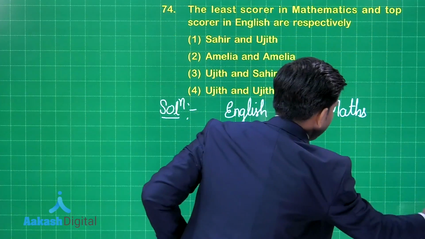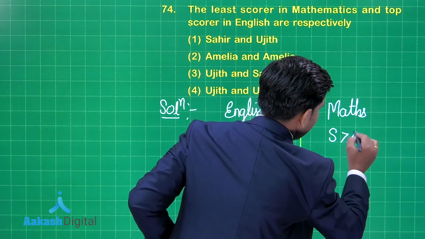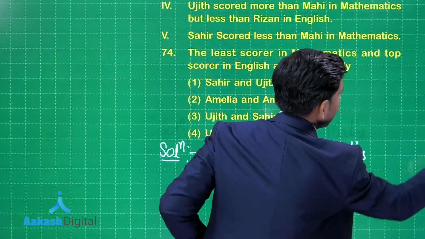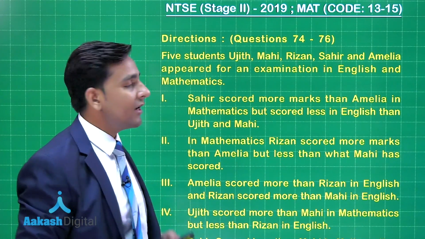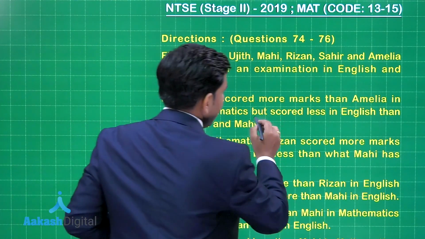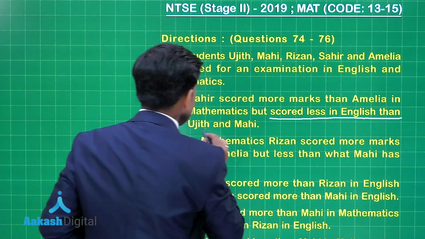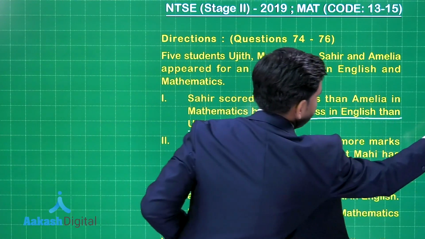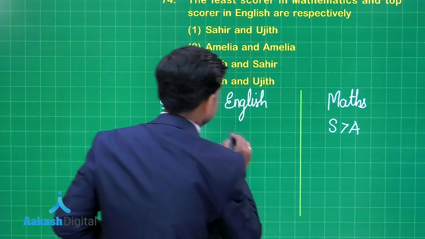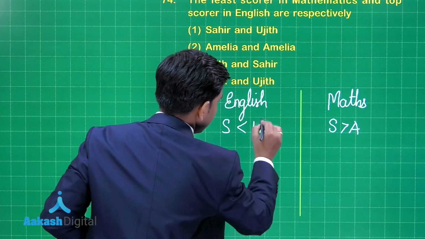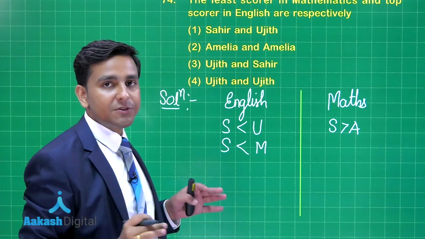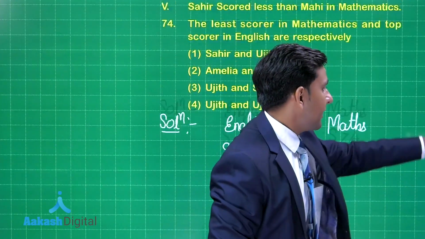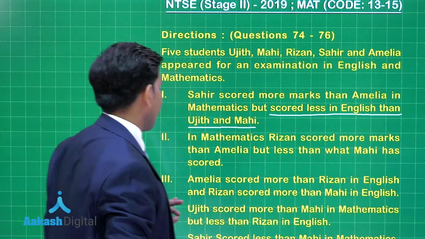So simply we can represent S is greater than A. S stands for the marks scored by Sahir and A stands for the marks scored by Amelia. But scored less in English than Ujit and Mahi. So this is the representation of statement 1 in mathematical form.